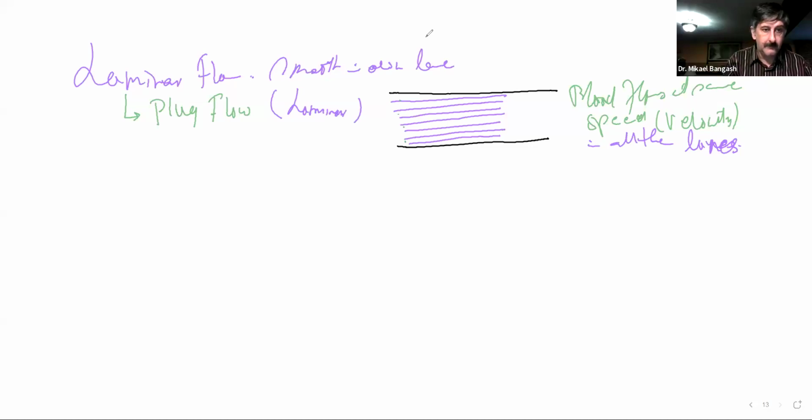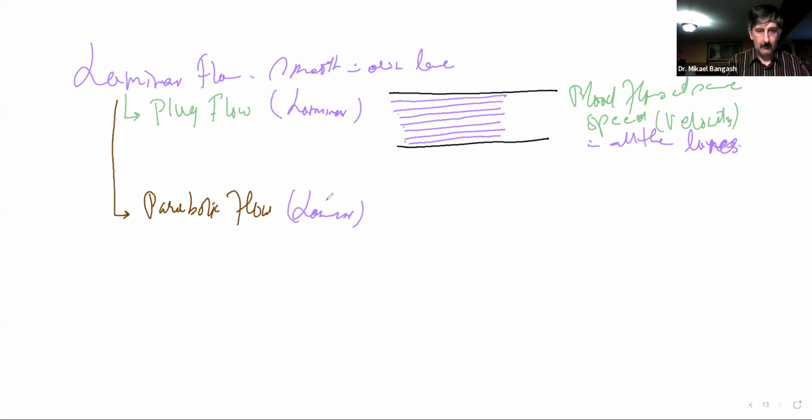But, guys, the actual laminar flow that we have is going to be what we'll call a parabolic flow. This is the actual laminar flow that we'll see in blood vessels, but it is still laminar.